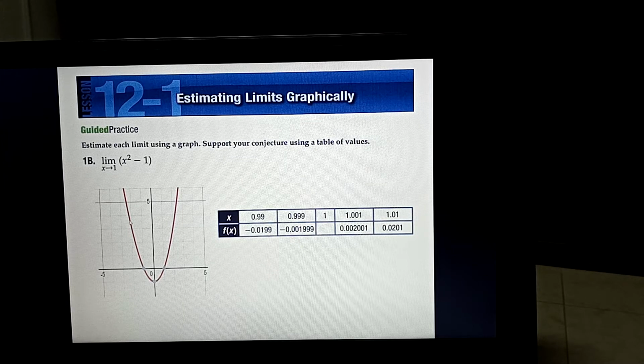From the left, I will reach the point 0. Now, if I come from the right to the point 1, I will reach f of x equal 0. From the left and from the right, the value of f of x equals 0. So the limit of this function when x approaches 1 is 0.